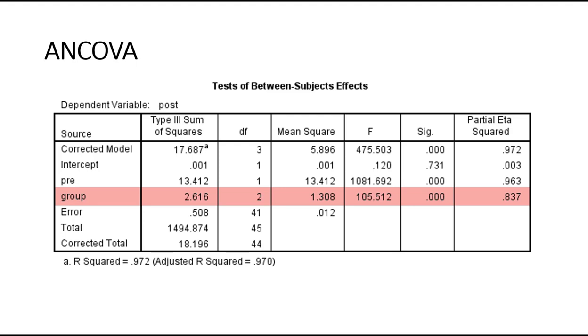In this example, you can see that there is a statistically significant difference between the adjusted means at p is less than 0.001. Specifically, there is a statistically significant difference between pre- and post-intervention cholesterol among the intervention groups. Again, this is an omnibus test, so knowing exactly what groups differ and how requires subsequent tests.